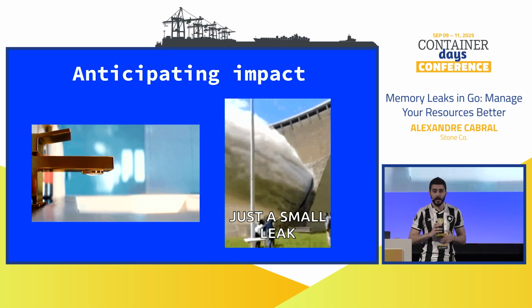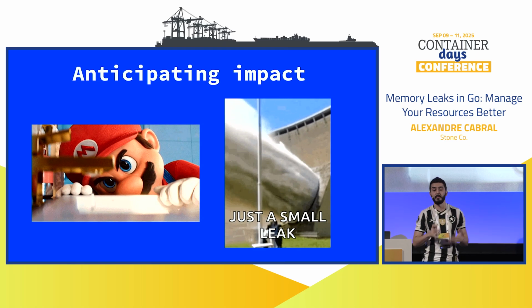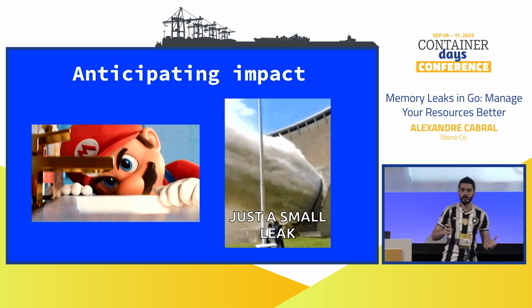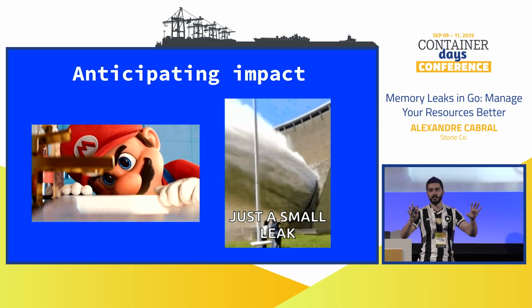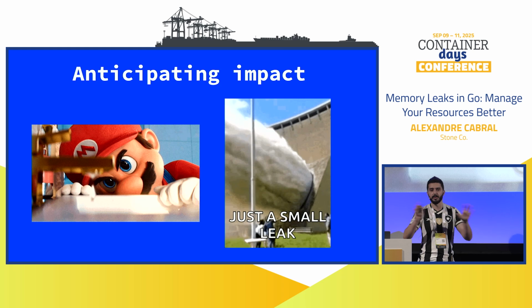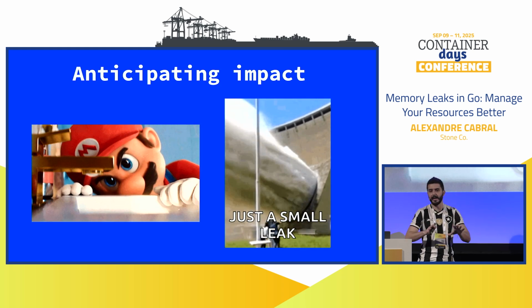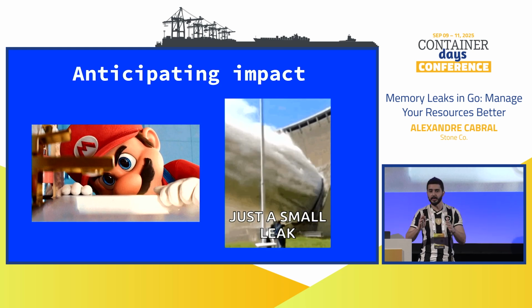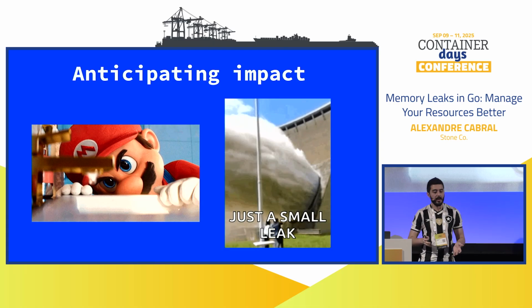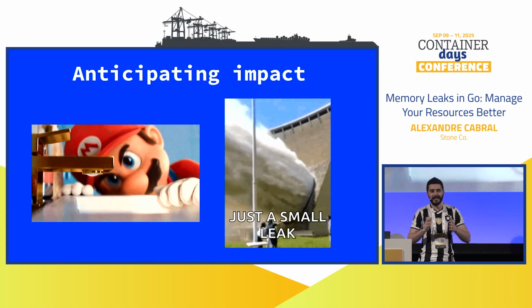So it's really hard to understand that a memory leak is happening. If it's big, you just look at the graph and you understand what's happening, okay? You look into the dashboard and you have alerts that will show information about it. But if you have a small leak, it will not show you.